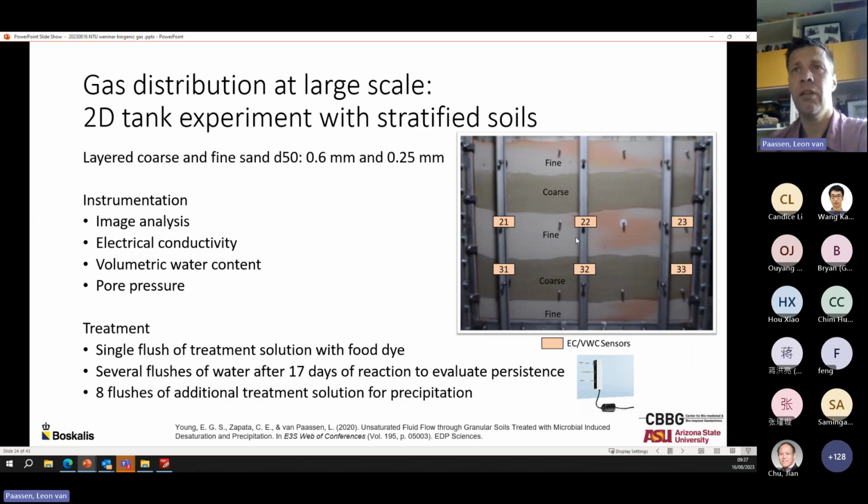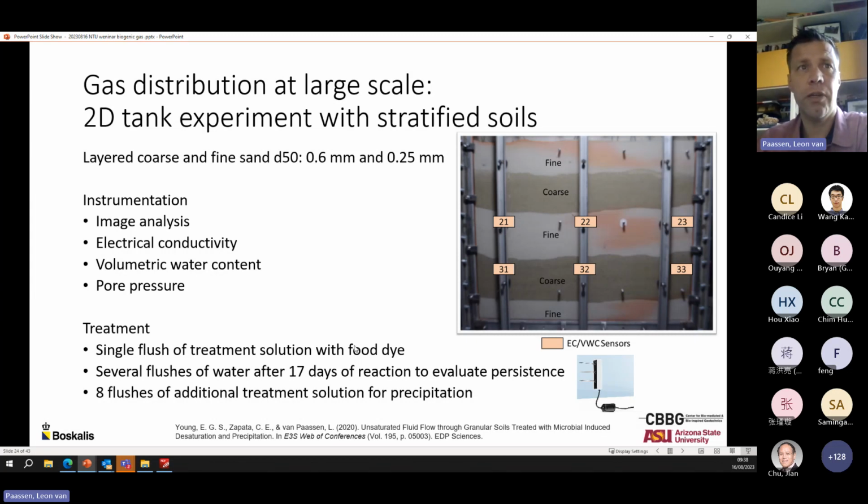We also wanted to assess how gas migrates in a homogeneous soil or in a stratified soil, and what the effect of stratification is on the distribution of the substrates, but also on the distribution of the gas. So here we had embedded several sensors which can measure both the electrical conductivity and the volumetric water content. And we buried them in the coarse grained sand and in the fine grained sand. And we also took pictures every 10 minutes of the screen as we were injecting.